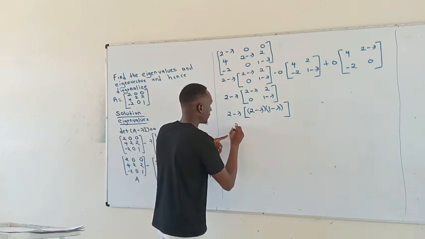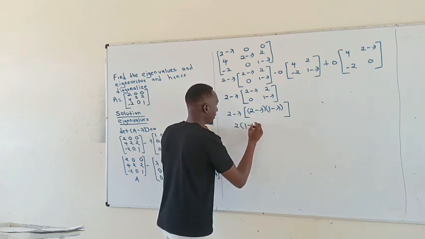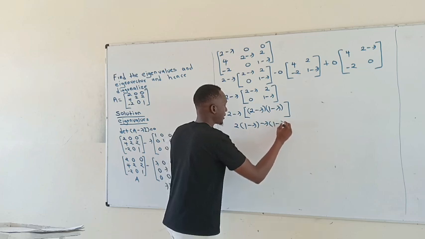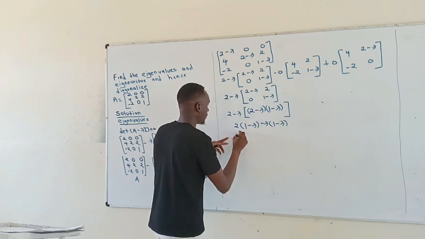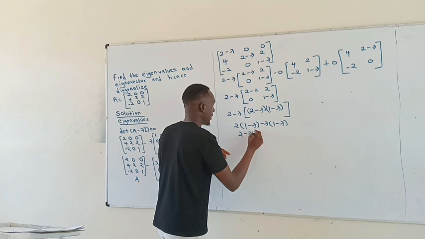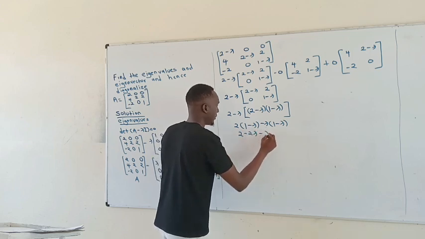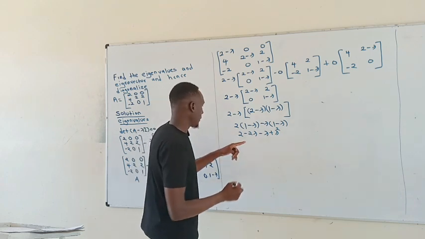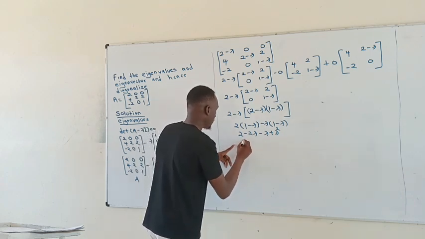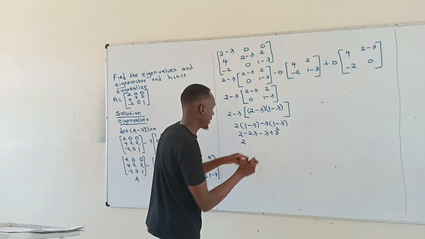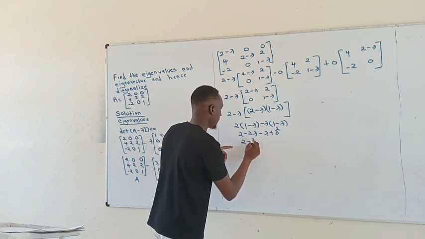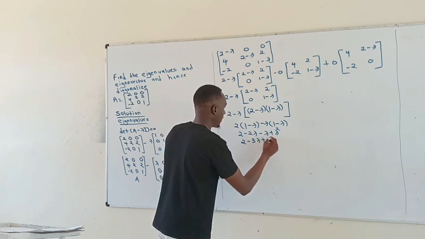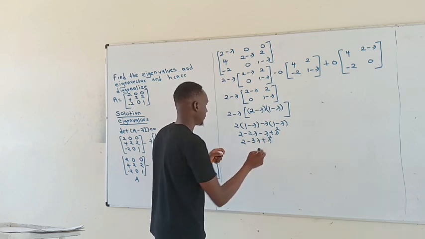Let's have 2 into 1 minus lambda, then minus lambda into 1 minus lambda. So we have 2 minus 2 lambda minus lambda plus lambda squared. So let's collect the like terms. We have minus 2 lambda minus lambda, which is minus 3 lambda, plus lambda squared.